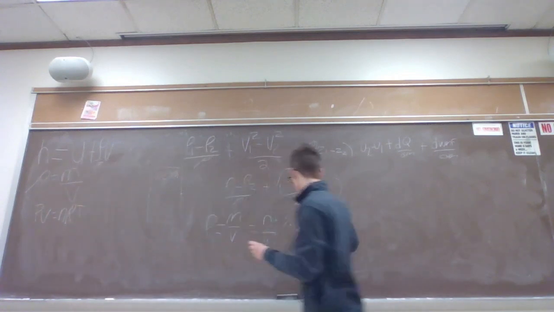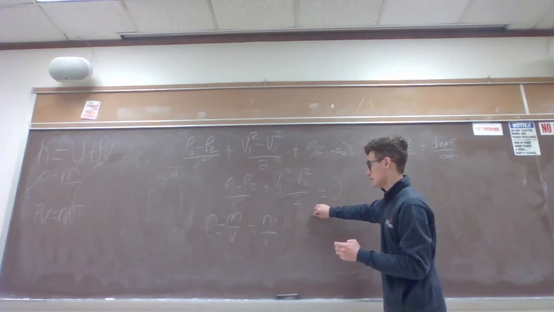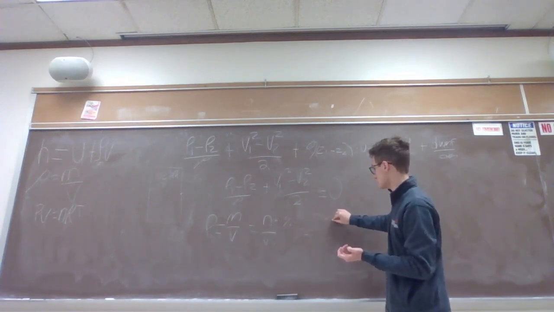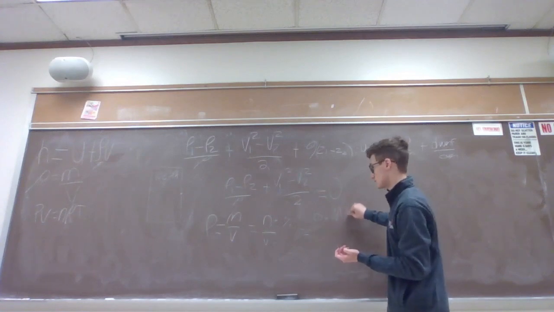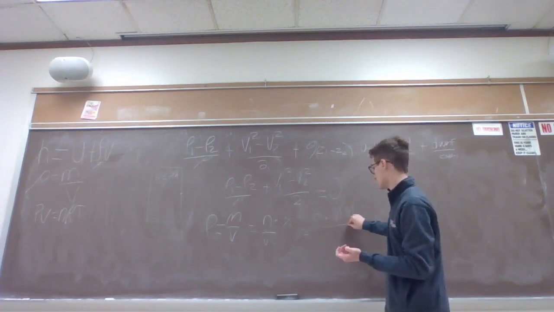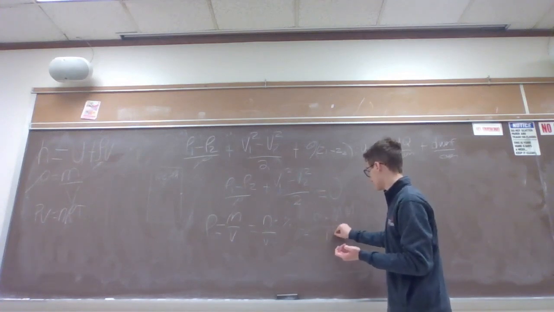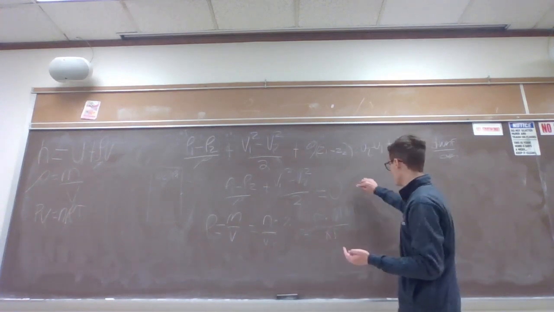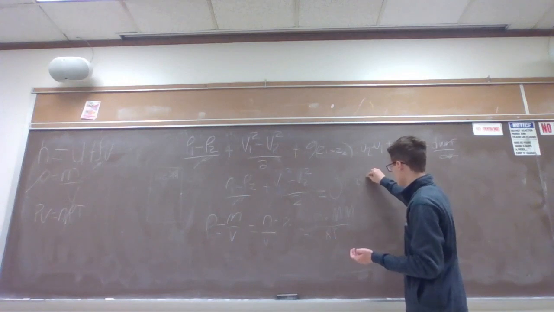So we would then be left with P times the molar mass over RT. And the molar mass of air, I believe, is around 29.